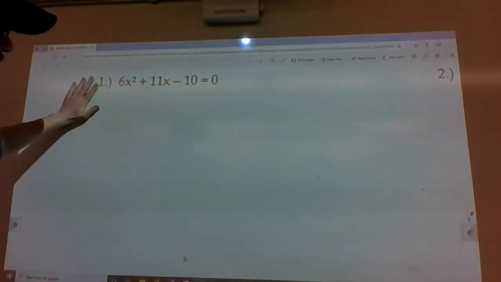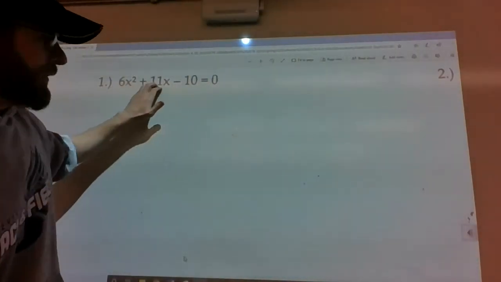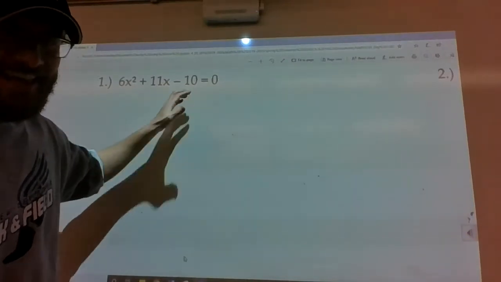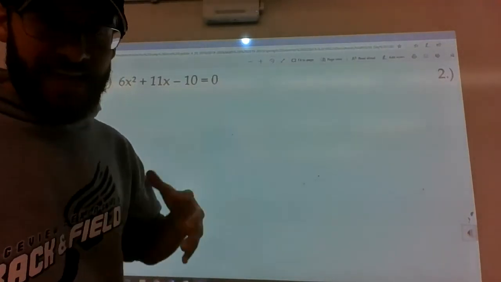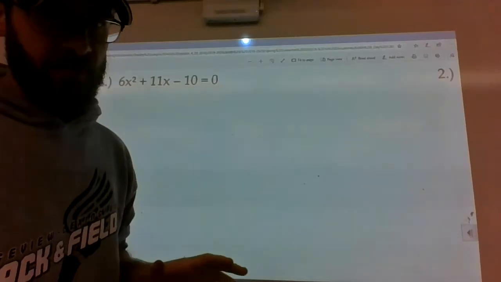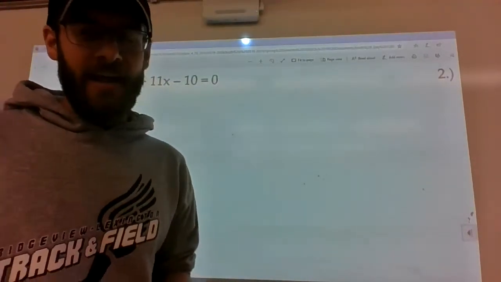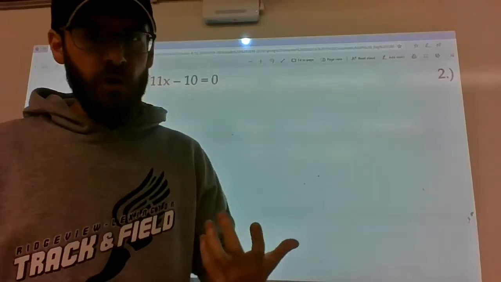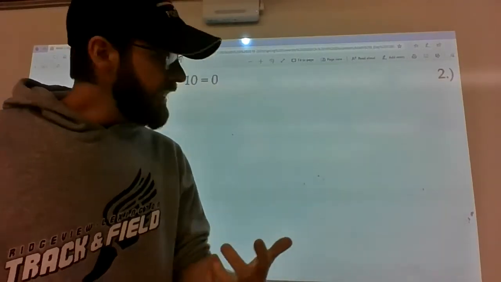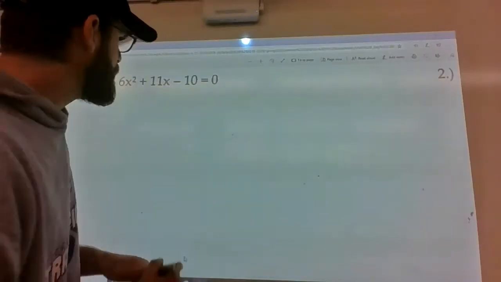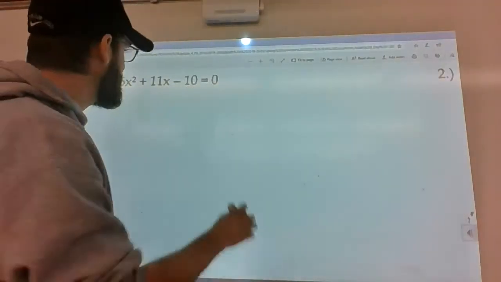On this first equation, we have a trinomial on the left-hand side that cannot be simplified in any way possible. Okay? Now, normally if you guys were in person, I would ask you what would you try in order to solve this equation? I think a lot of students would try to add the 10 to both sides.